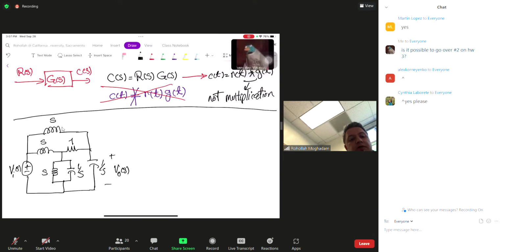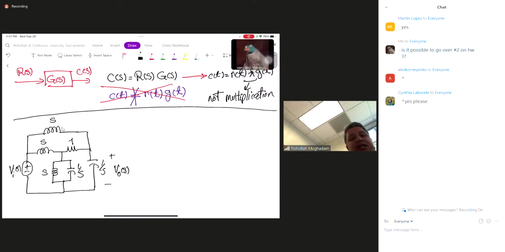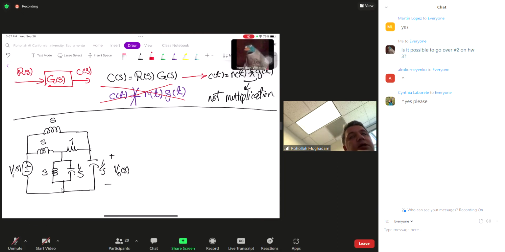Okay, wonderful. The way that you solve this kind of problem is that the first step is to simplify the circuit. How do we do the simplification? We find impedances in the circuit that are parallel or series, and then write the equivalent impedance.